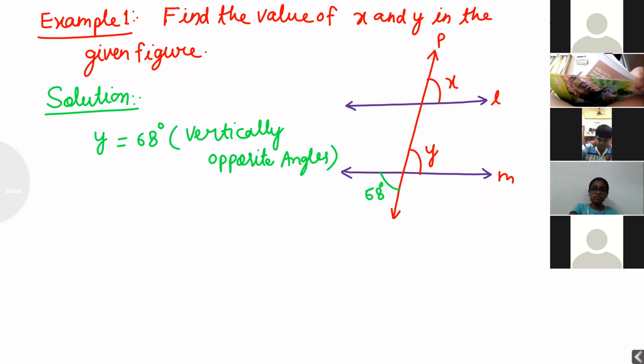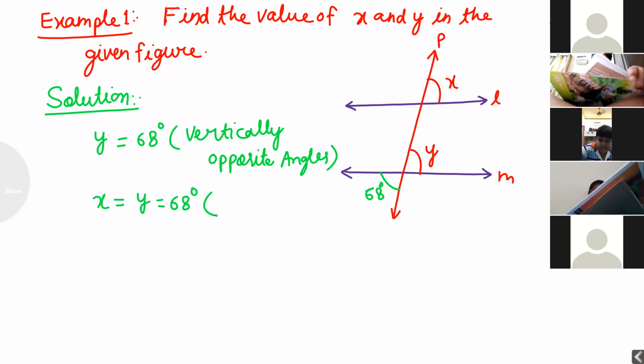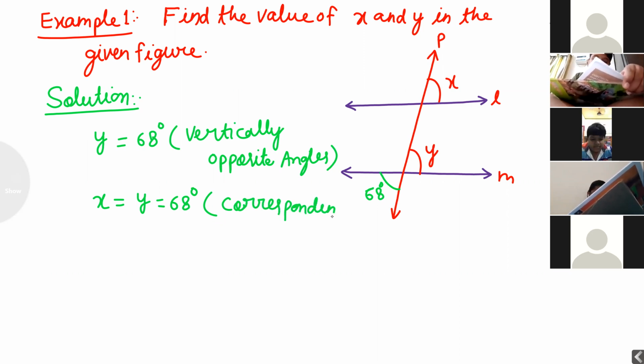Y is opposite to 68 as 68 is opposite to Y. Now I want to find the value of X. X is equal to Y is equal to 68 degrees, because they are corresponding angles. F shape, or 7 shape, corresponding angles. Answer completed without solving.